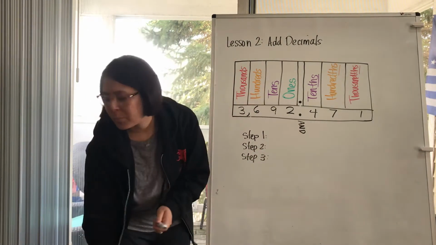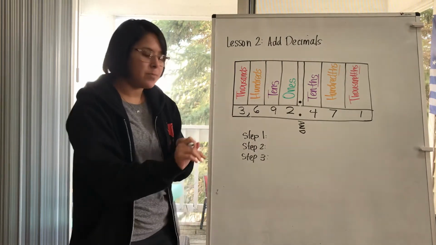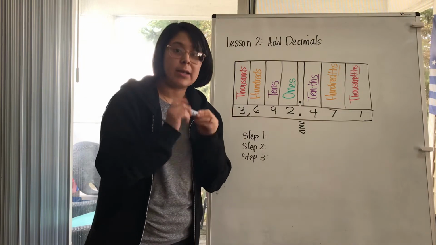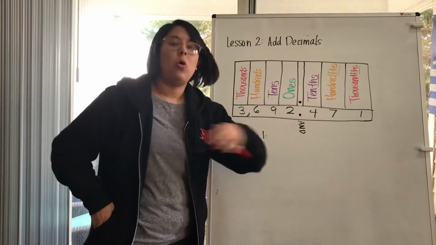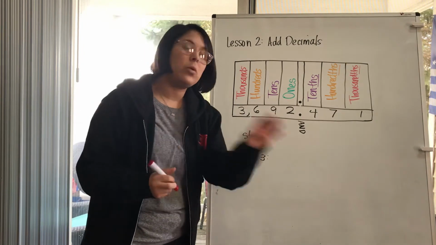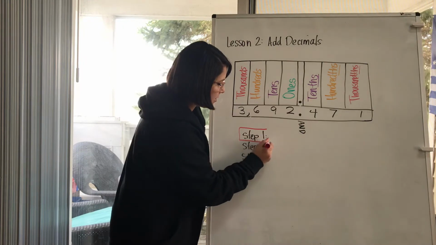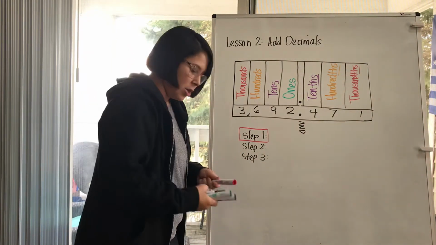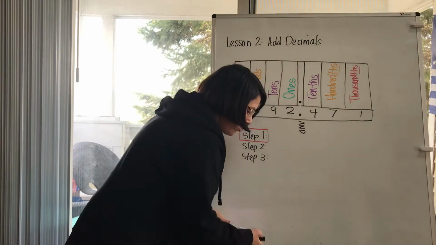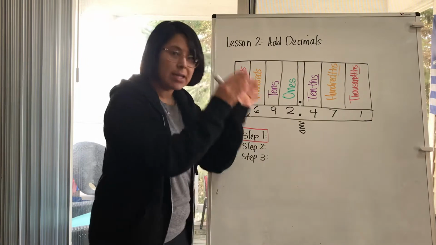Okay? All right. So step 1, and this is the most important step. And I can promise you that because if you get this step wrong, the whole thing is going to be thrown off. The whole number is going to be wrong. Okay? So I'm going to put a red box around that step 1 because it is the most important step. All right. So step 1 is going to be align your decimals. Put them in line.